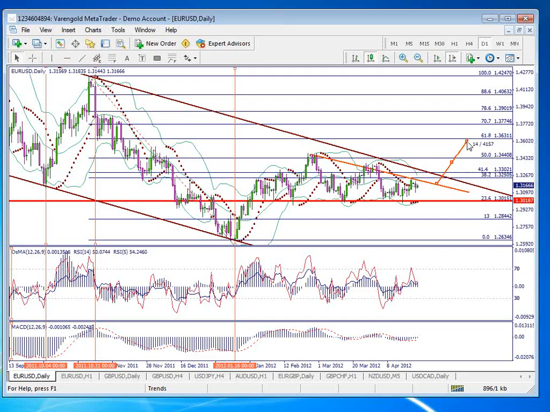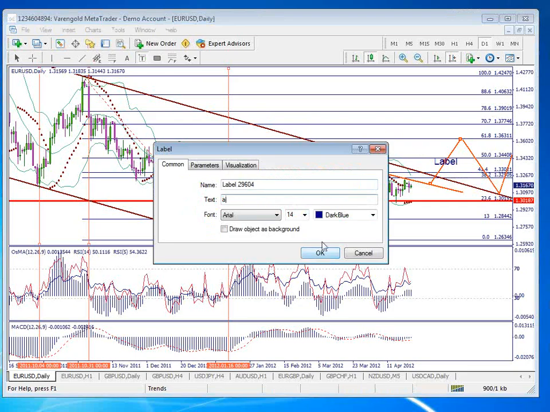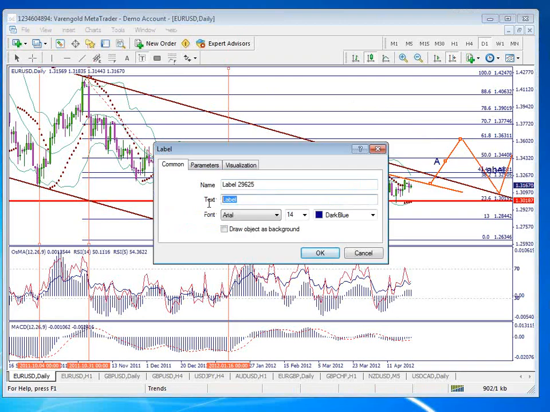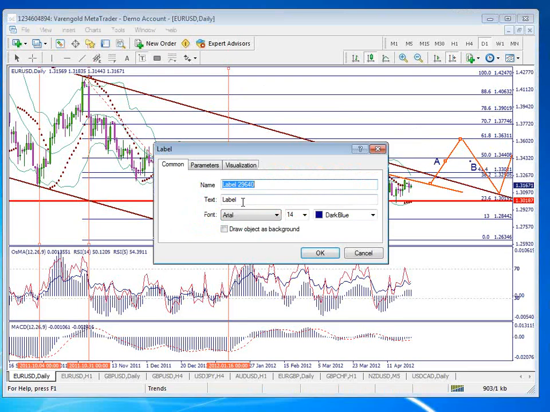So this will be wave A, a next wave that will test the trend line, and a new one in the up direction, probably at 50. Wave A will be equal with wave C or something like that. Wave B here we will put, and the last wave, wave C.